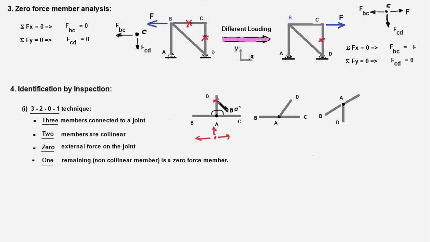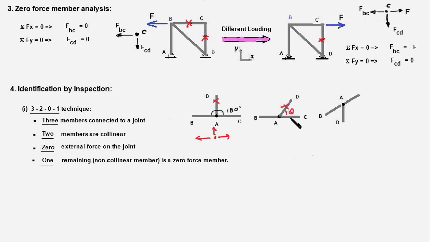So this is a zero force member. Here in this diagram this appears to be normal to these two members, but if this makes an angle with the collinear members like this, even in such a situation this member will be a zero force member.